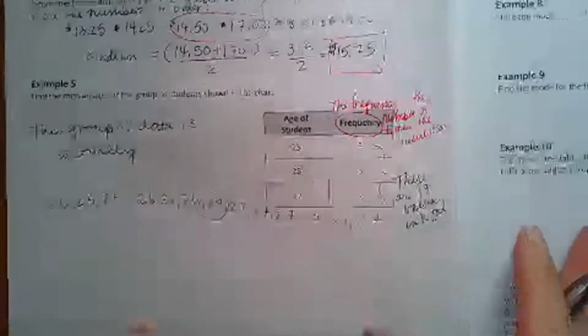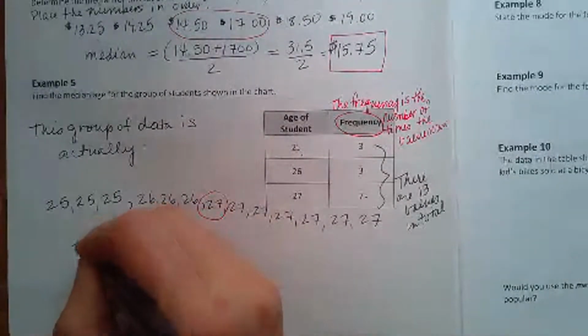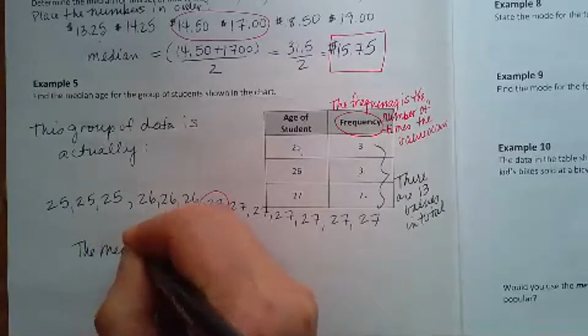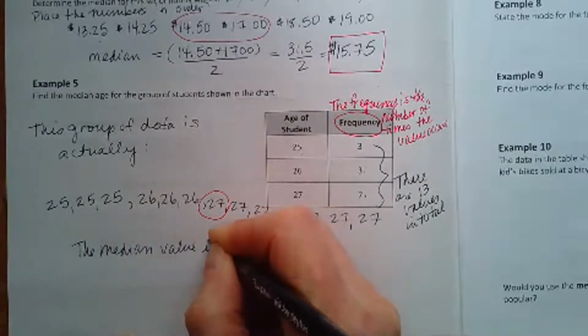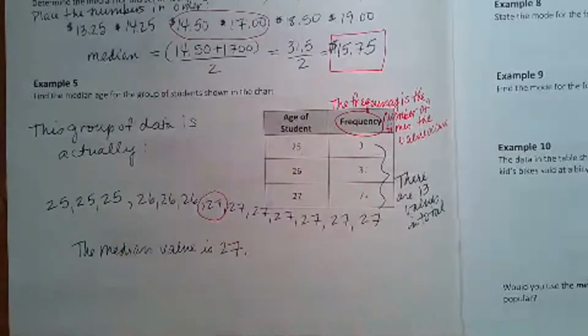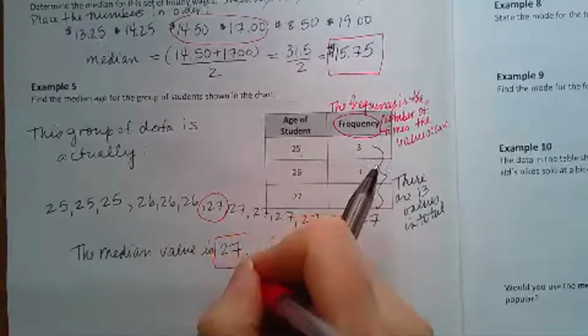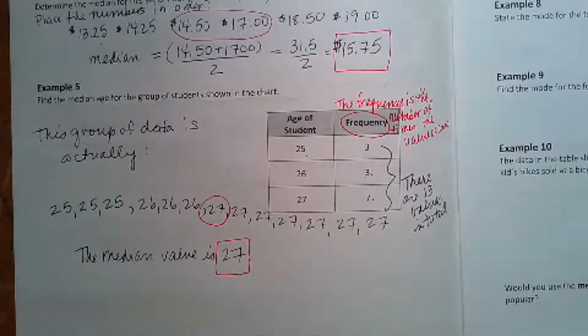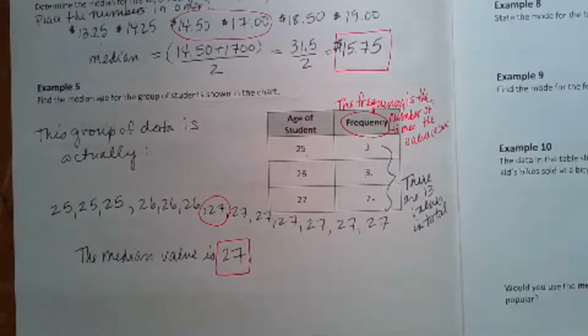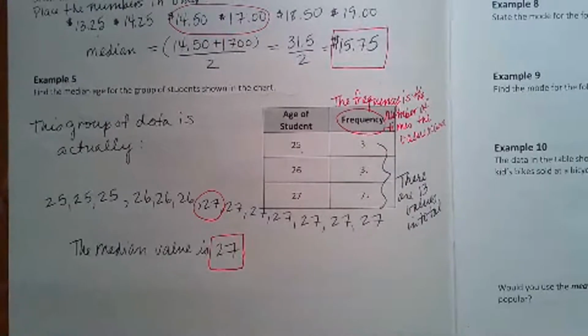So I say the median value is 27. So the median, if you have an odd number, you don't have to do any arithmetic. You just have to order and count. It's not difficult to find the median. It just takes a while, right? It takes a while because you have to order the data, make sure it's in order, and then do a fair bit of counting, okay?